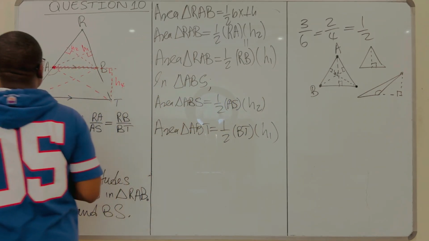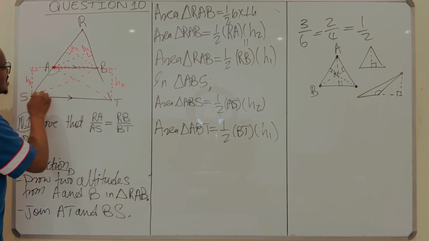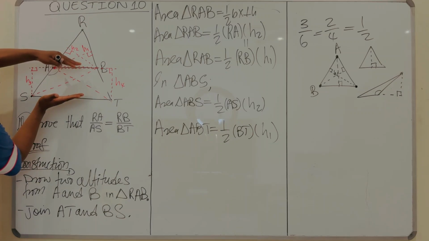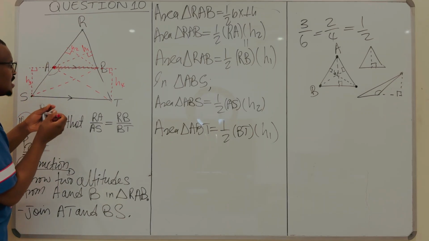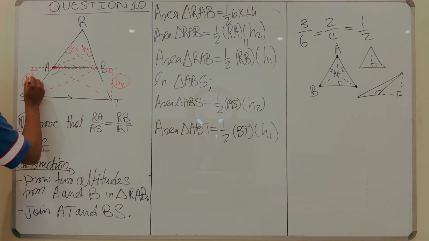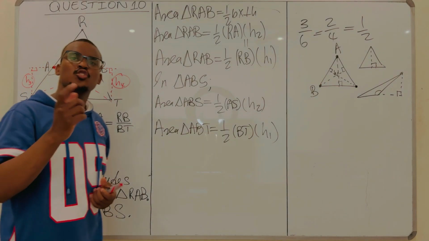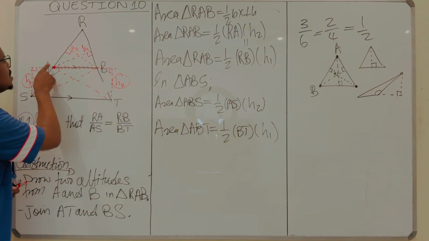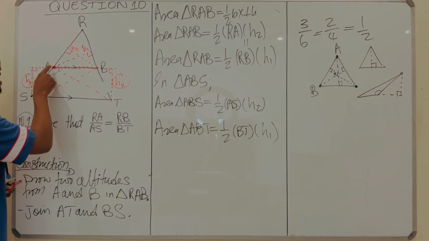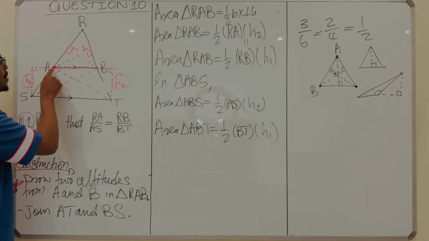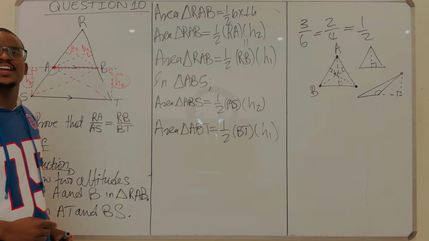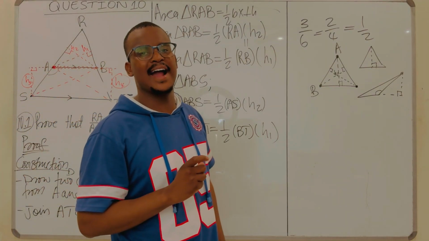So if these are equally distant at every point, your H4 over here and your H2 should be the same, which means these two triangles, ABS and ABT, have the same base and equal perpendicular heights.